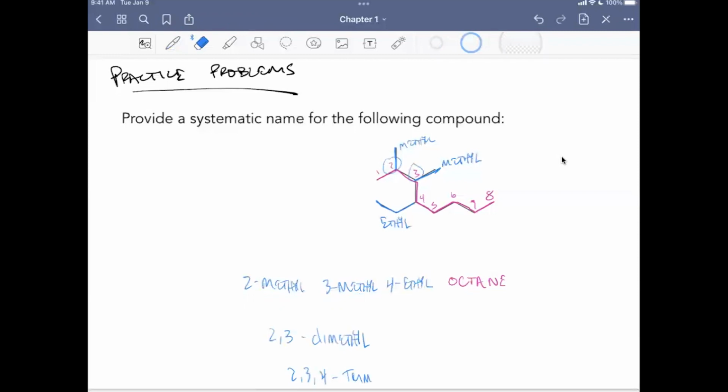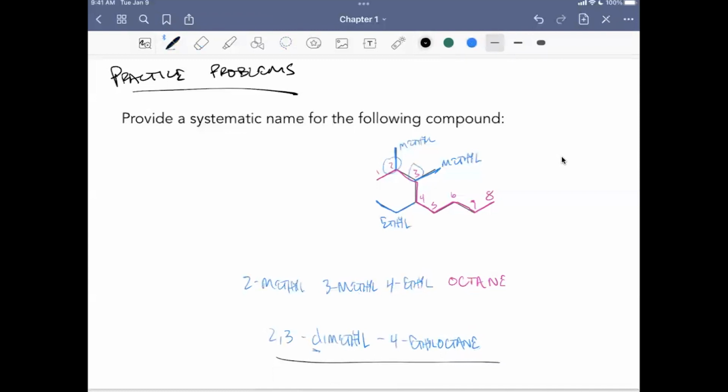So that's a good thing to note. So we have a 2,3-dimethyl, A, B, C, D, E. So D would be before E. We would have 4-ethyl octane. And there should be no spaces in here. It should be all connecting like that. So this is your name for this compound.